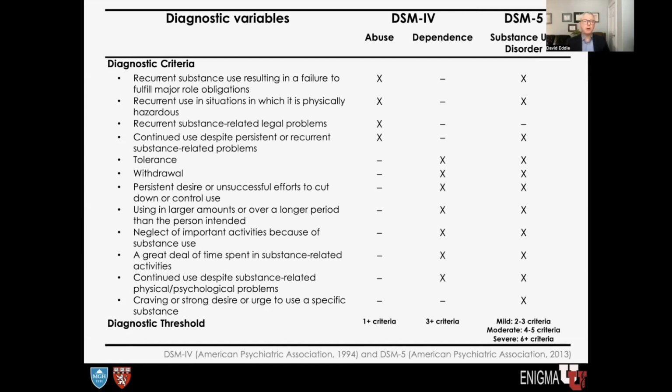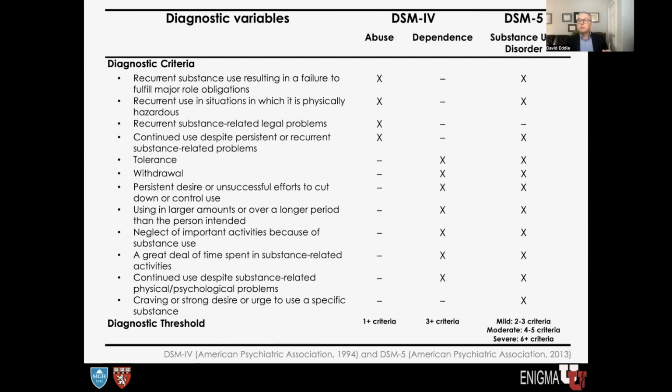You might think, well, that's a bit odd. It doesn't really make sense at all. Of course, it's important how much and how frequently people are consuming alcohol and other drugs. Well, it is, of course it is. And at the same time, there's tremendous variability in terms of how much alcohol and other drugs people consume. And some people, for instance, with alcohol, consume alcohol in fairly large quantities, but they never have the problems we associate with substance use disorder or alcohol use disorder.